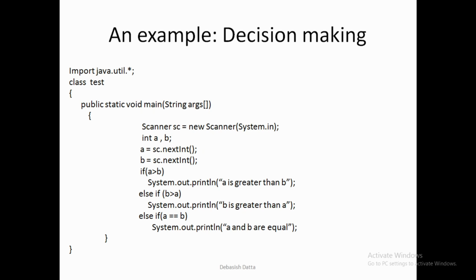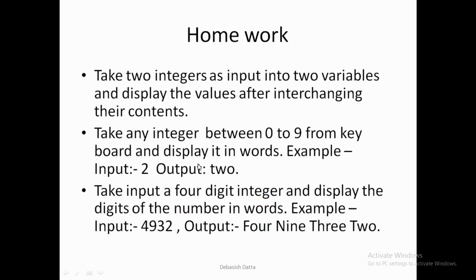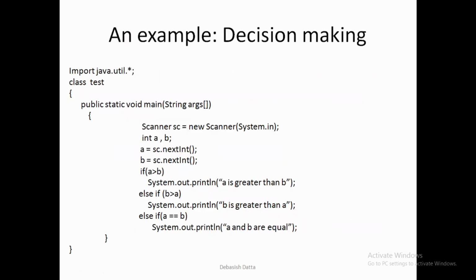Let's take an example. Suppose A contains 10 and B contains 20. If we compare these two values here, A greater than B comes out to be false because A is 10 and B is 20.